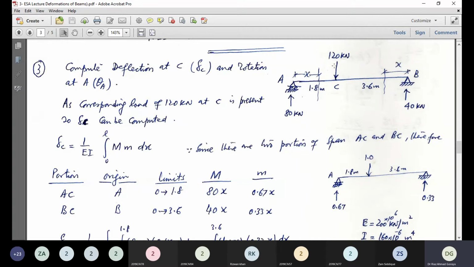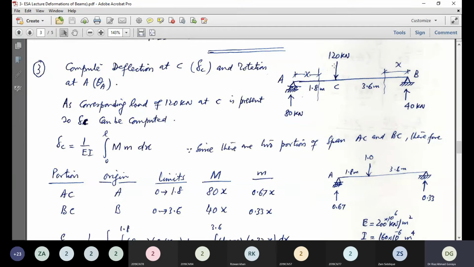Whereas when we move towards theta at A, the corresponding load is not there. So in the current status, which can be seen on the screen, Castigliano's second theorem is not applicable.